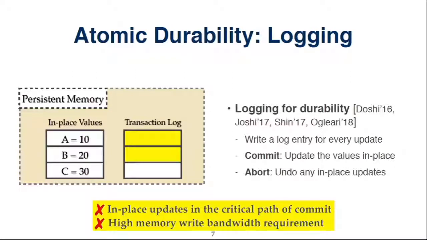However, these techniques have either of two problems. Either the in-place updates to the data modified in the transaction are in the critical path of commit, which leads to long commit latencies, or they require a very high amount of memory write bandwidth to commit a transaction.